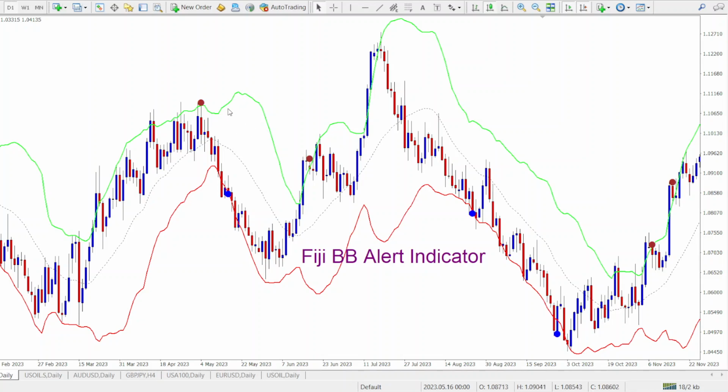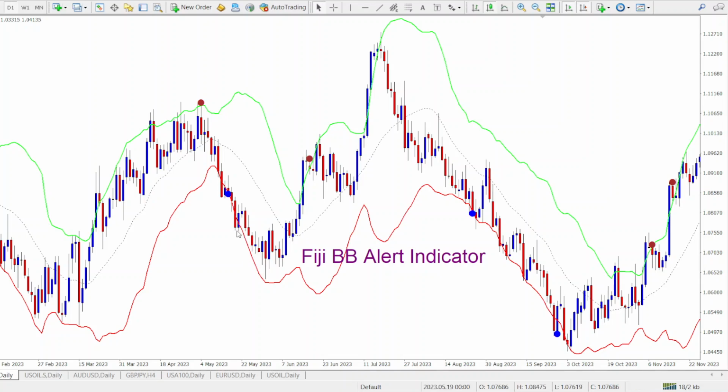If you identify any bearish candlestick pattern around the upper band, then you can proceed to enter a sell. After doing that, you can set your stop loss above the swing highs, above the resistance, and then for your take profit, you can decide to wait for the price to get to the lower band, but there is no need to jump out of your trade immediately.